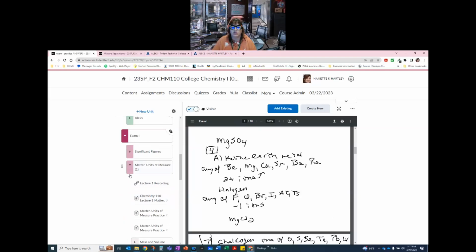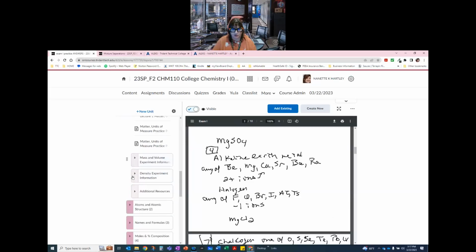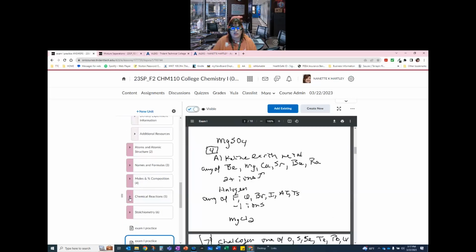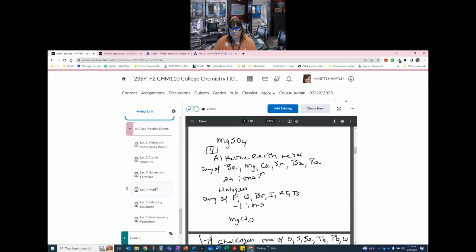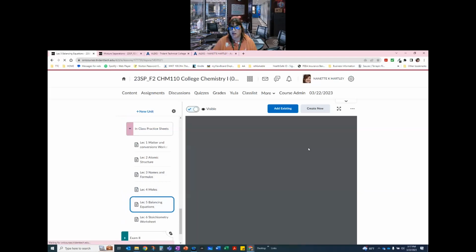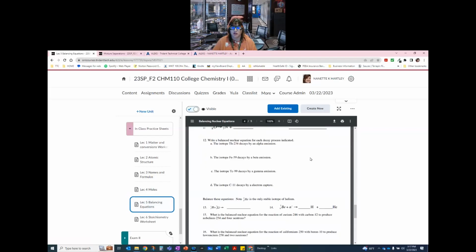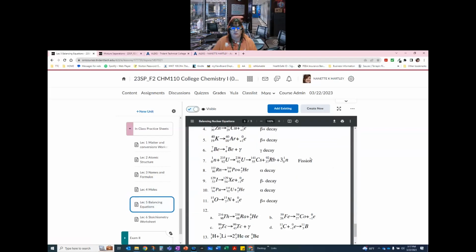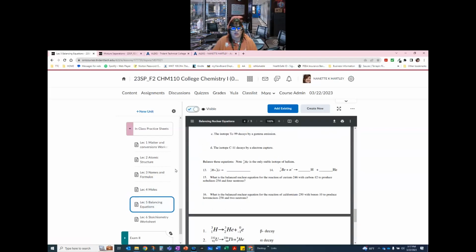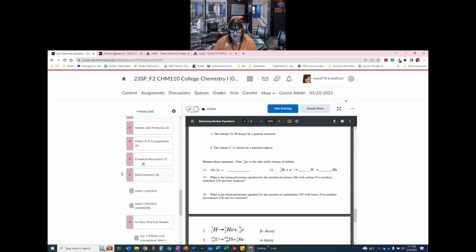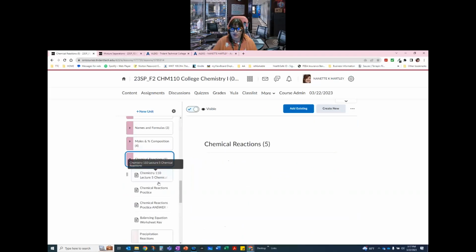Now, as far as practice for chemical reactions, there is balancing equations, and there's a bunch of them here. So there's 5 pages of balancing chemical equations. And this includes both nuclear and non-nuclear. And then there is the practice in the chemical reactions.